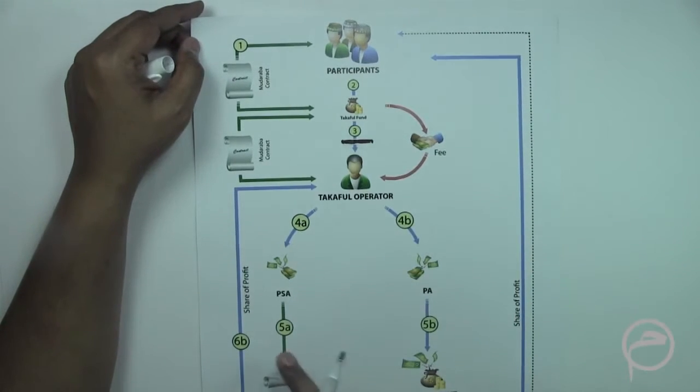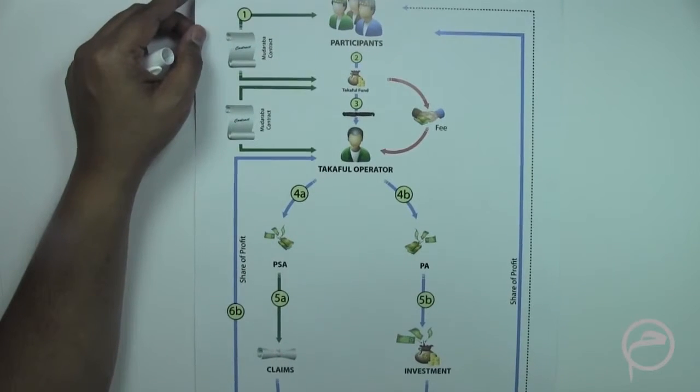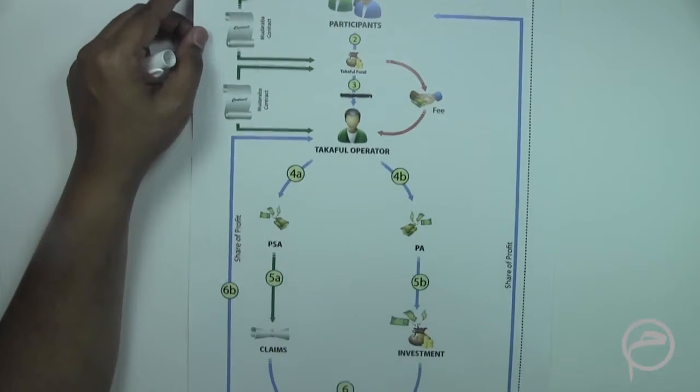So in the participant special account, the total donation minus the claims minus the operation expenses goes into the surplus.